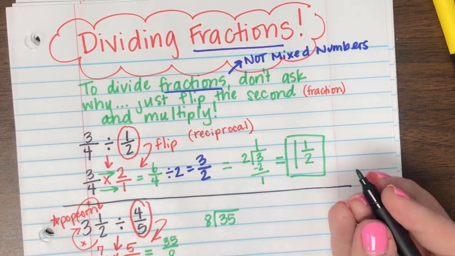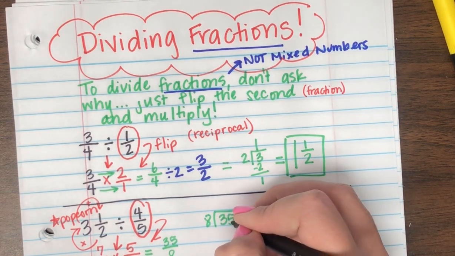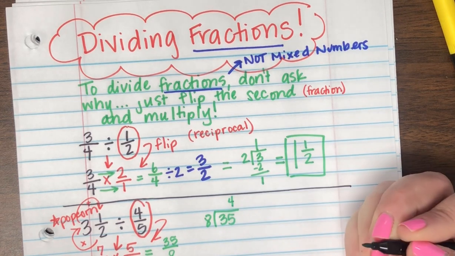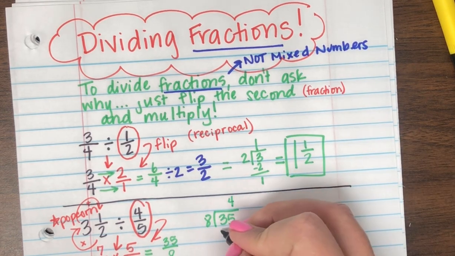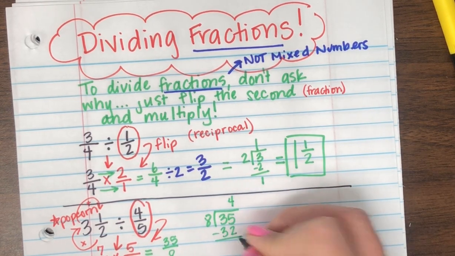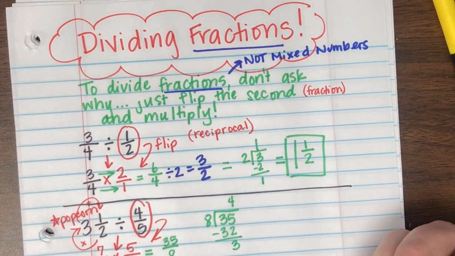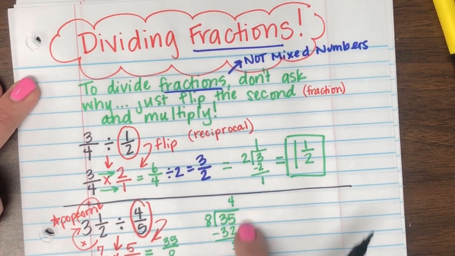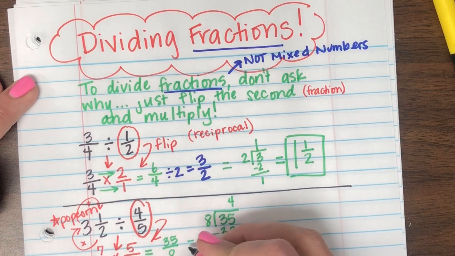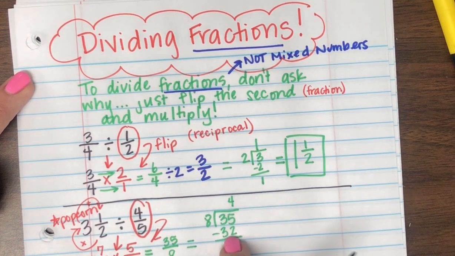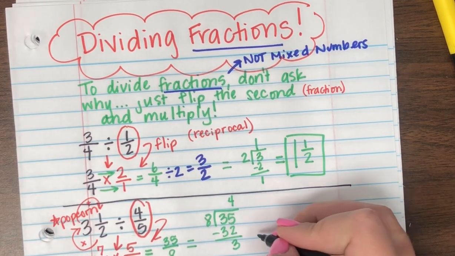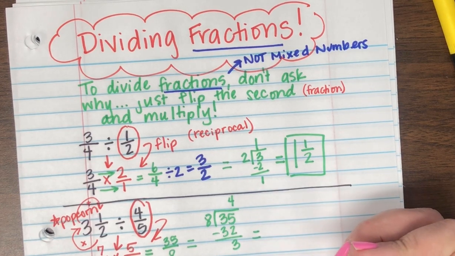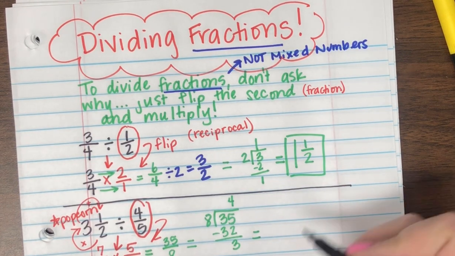35 divided by 8. 8 goes into 35 4 times. 4 times 8 is 32, and there's 3 left over, okay? A lot of this work is coming from knowing our multiplication facts, right? If I know my multiplication facts, it's going to be a lot easier to do some of this division and simplifying.